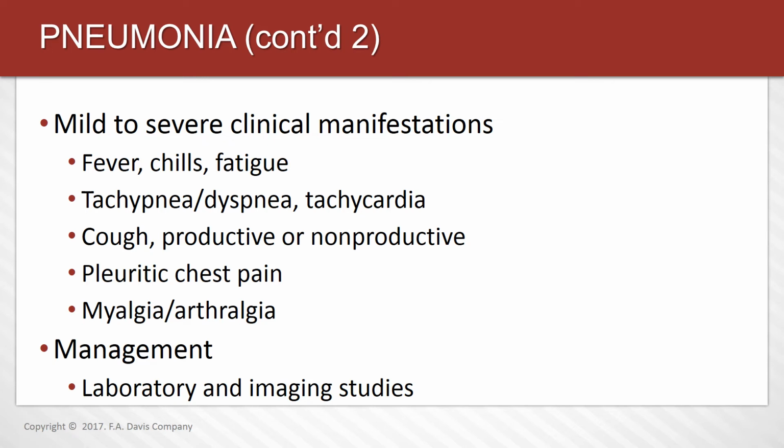Some of the complications that you will see are methicillin-resistant Staphylococcus aureus community-acquired pneumonia, which can lead to necrotic bacterial pneumonia, which would also result in further or prolonged hospitalization. Next slide.